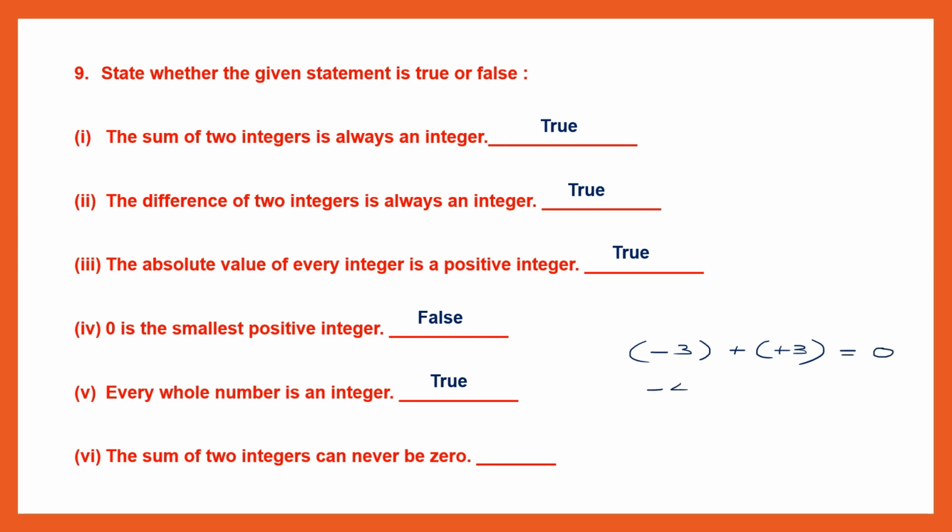If one integer is negative and you have a positive one of the same number, your answer will always be 0. So negative 4 plus positive 4 gives 0. Negative 3 plus positive 3 is 0. So this statement which says the sum of two integers can never be 0 is false.